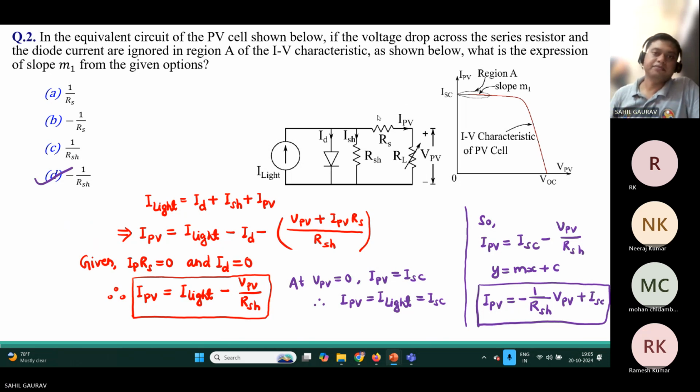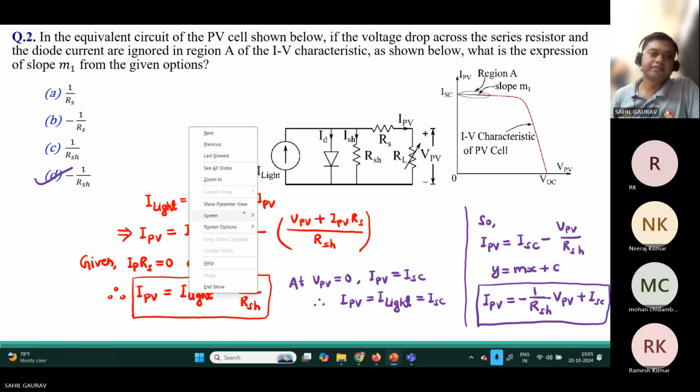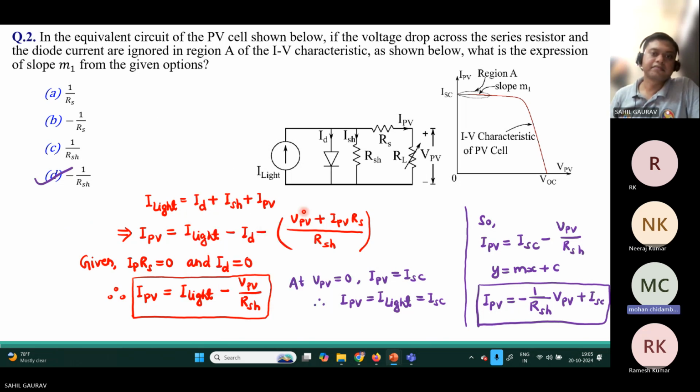Means the voltage drop across the series resistor, IPV RS, is 0 and the diode current is also 0 in this region A of the IV characteristics. What is the expression of slope M1 from the given options?